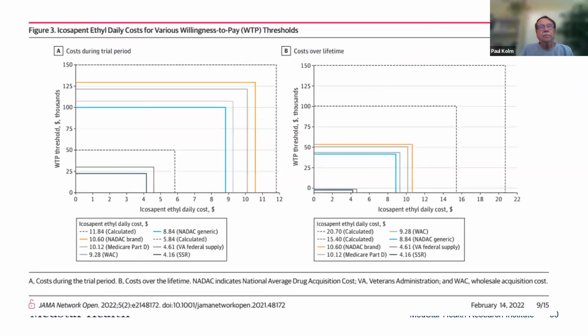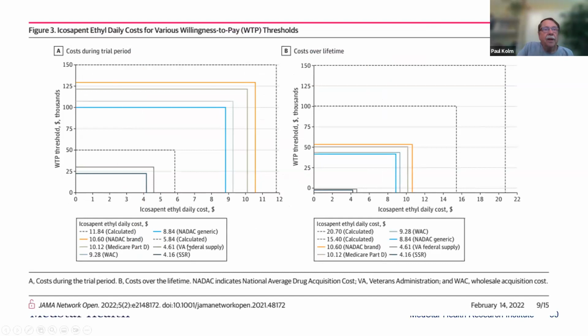And then this is another aspect of sensitivity analysis we do. In this case, we find different costs for IPE. And so in our panel A here, which is our in-trial analysis, we have our SSR cost.